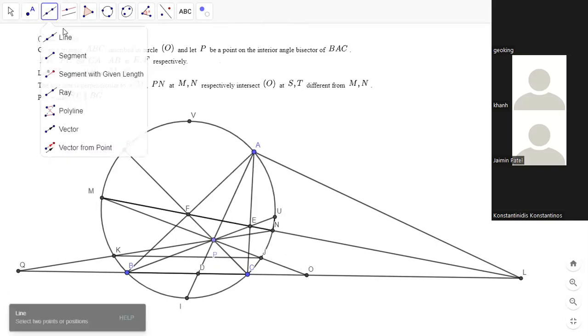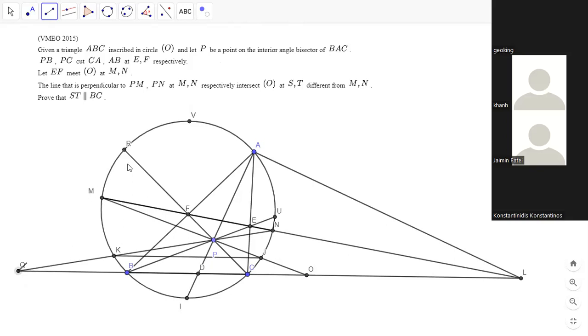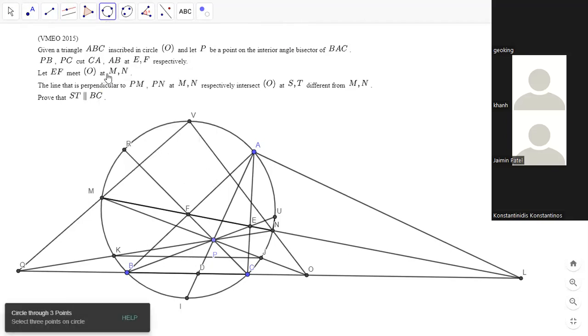All right, before I get to this, I just want to read what Constantine said. He's saying the line through P parallel to BC is tangent to PMN. If that's true, are MNOQ cyclic?